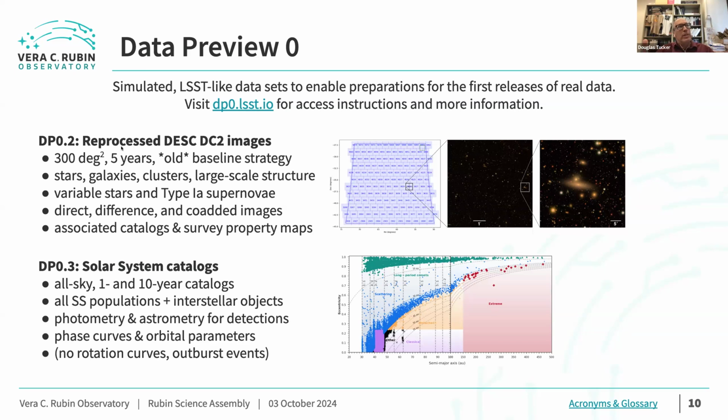DP0.2 is composed of reprocessed images from the Dark Energy Science Collaboration Data Challenge 2. It's composed of 300 square degrees of their wide field simulations. It's basically to 5-year depths of Rubin.